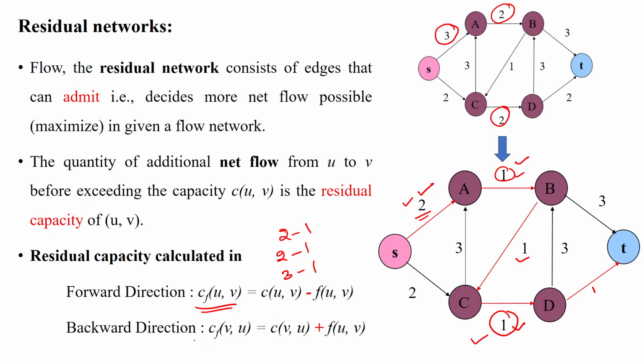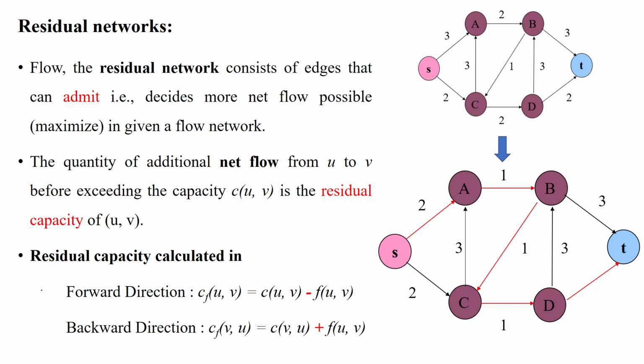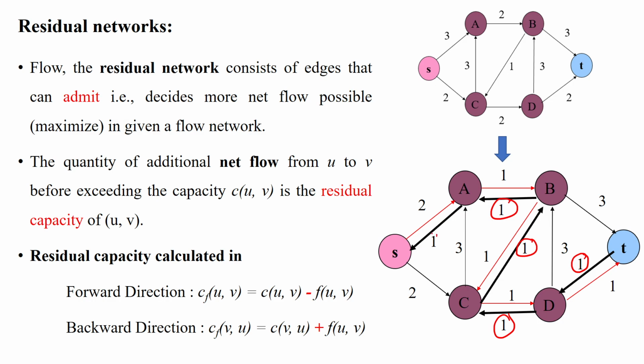So when you are calculating the capacity in the backward direction, here the 1 unit we have to allow. Now you see, in the backward direction the 1 unit we are allowing in this path, right? So that's what is mentioned here on each and every edge between these vertices. So here the capacity between v comma u, right?